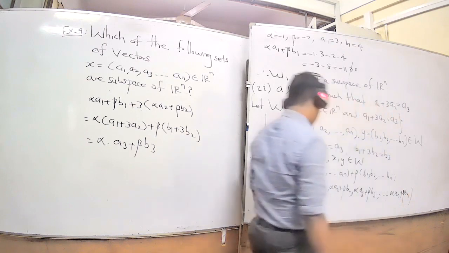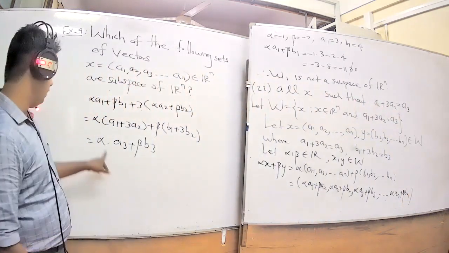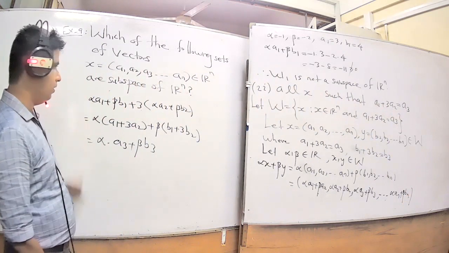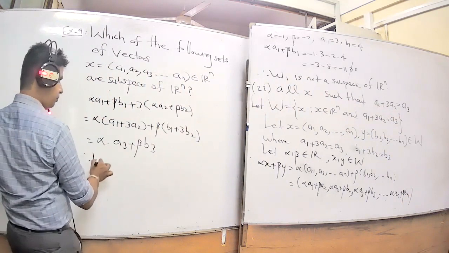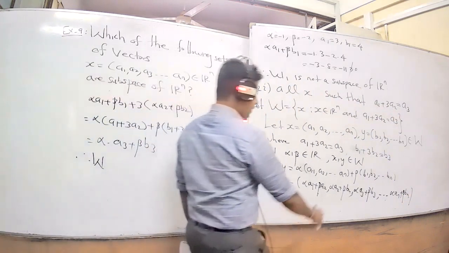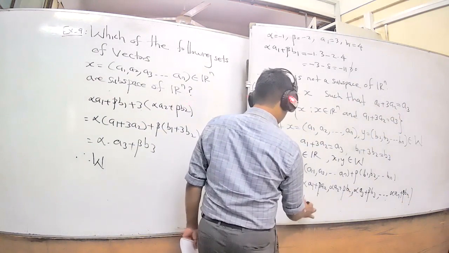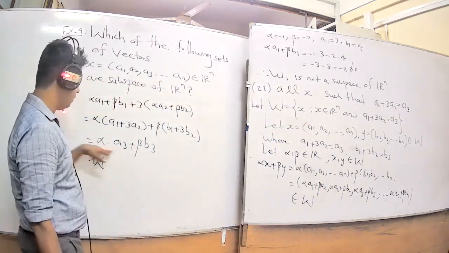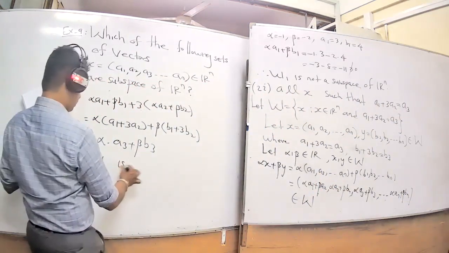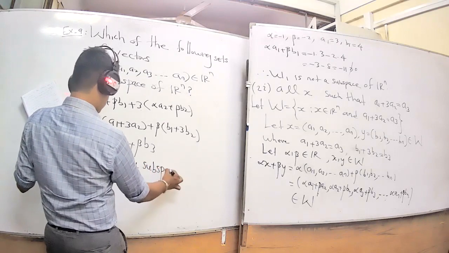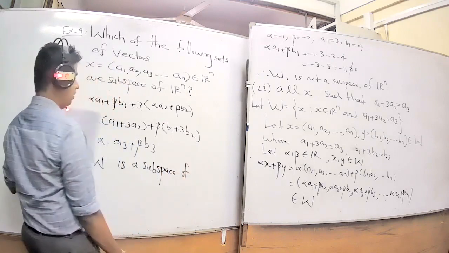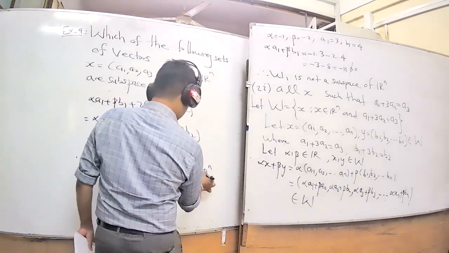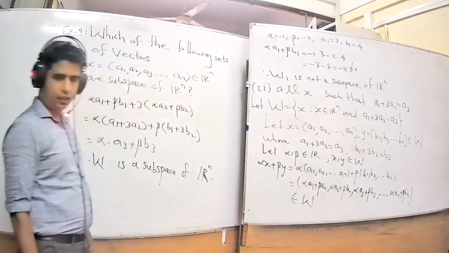Okay, right. So the third term is alpha a3, beta b3. Therefore, this condition is satisfied, right? Therefore, this element belongs to W, because the third element satisfies that condition. Therefore, W is a subspace of Rn. Okay.